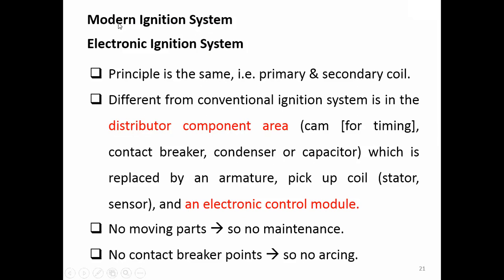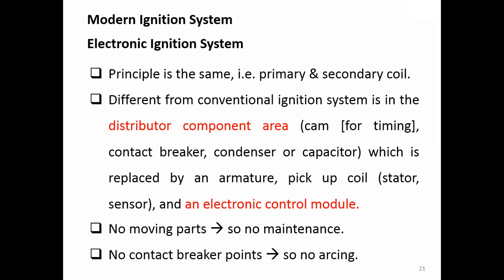The modern ignition system is the electronic ignition system. The principle is still the same because we still need the high current. We still have the spark plug, the gap that the current needs to go over in order to create the spark. It can go over because of the high voltage that is produced.